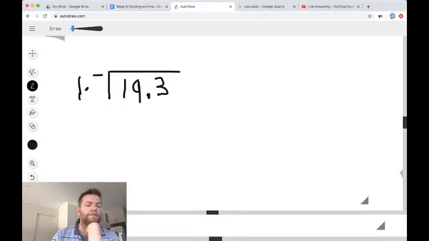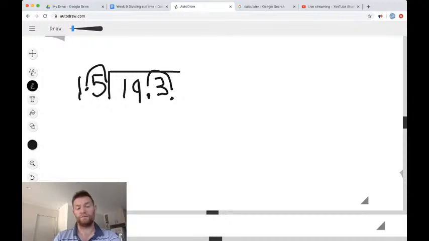Now, the key to this is recognizing if there's any easy way to do it. And for this problem, again, because I've just made it out of my head, I can't really see a clear, easy way to do it. So the first thing I'm going to do is multiply, because I've got 1 decimal place, I'm going to multiply them by 10, which is essentially moving the decimal place to there, and to there.